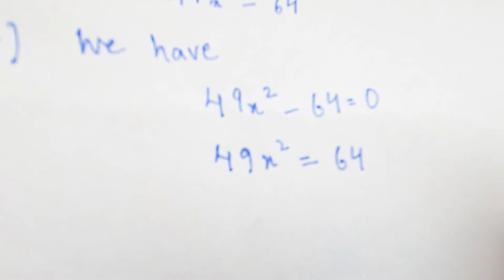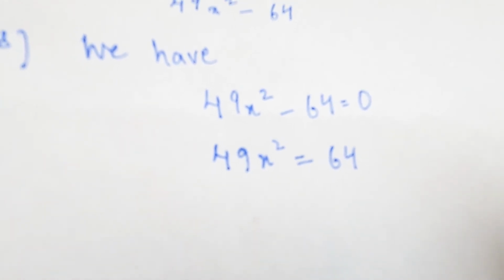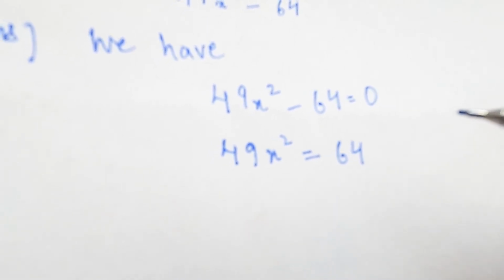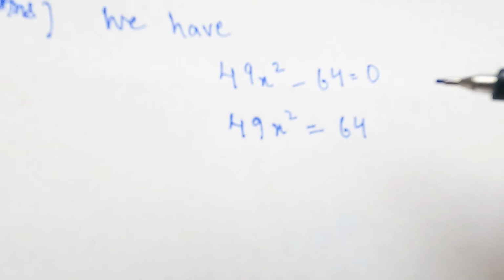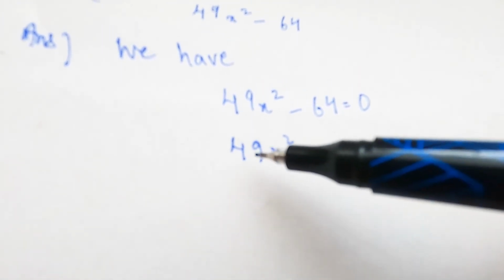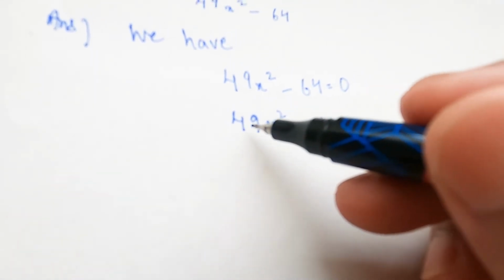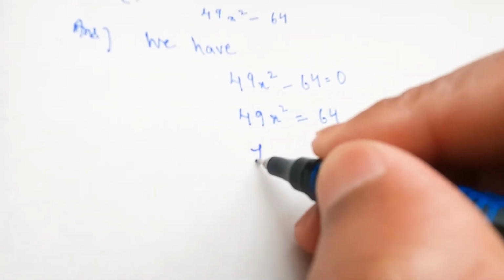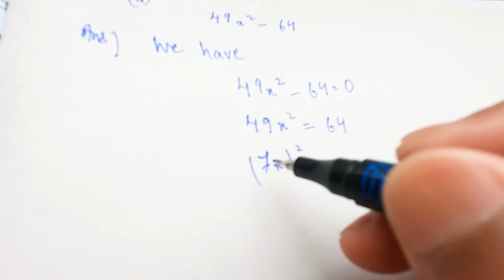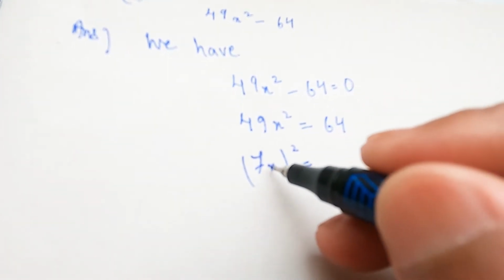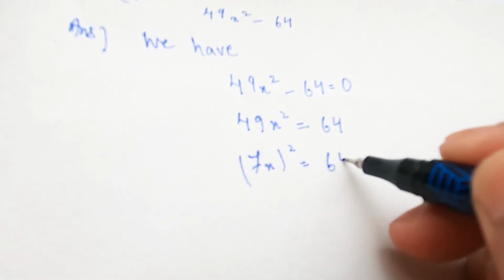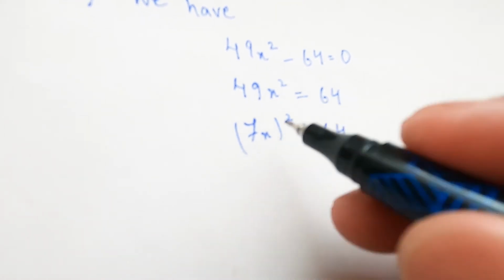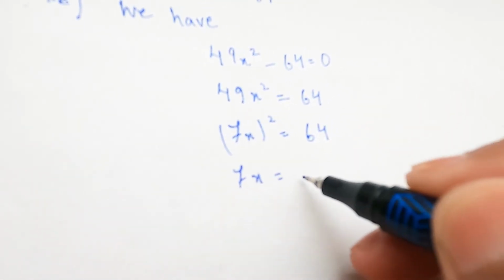Now next what we will do is we will find the square of 49. So the square root of 49 will be 7, because 7 into 7 will be 49, and x into x will be x square.